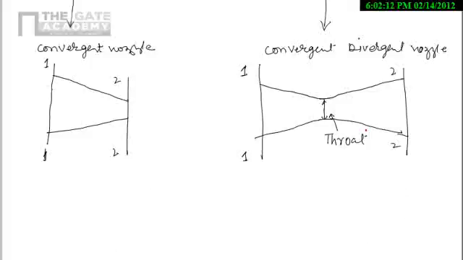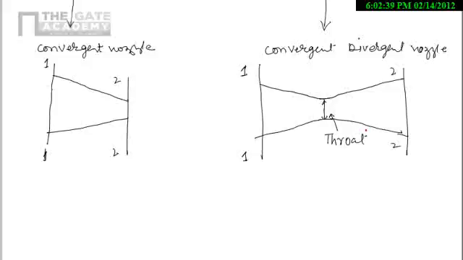If you see, in the convergent nozzle the area of cross section is gradually decreasing, so definitely we will get the kinetic energy. But in case of the convergent divergent nozzle, at 2 dash, that is the output of the nozzle, the area of cross section is increasing, but still it is working as a nozzle.